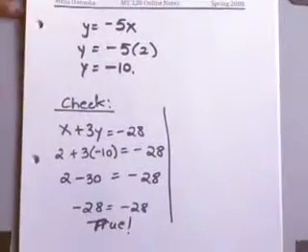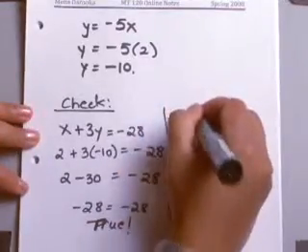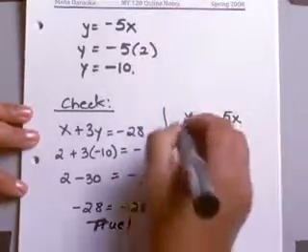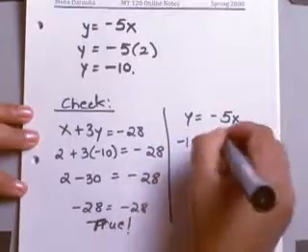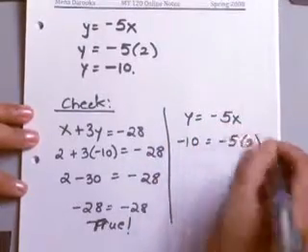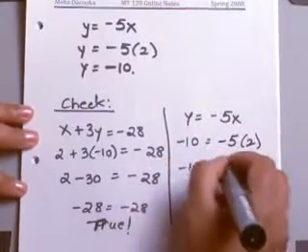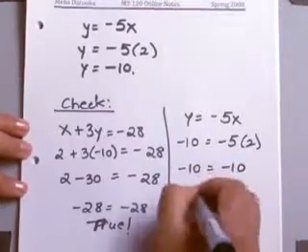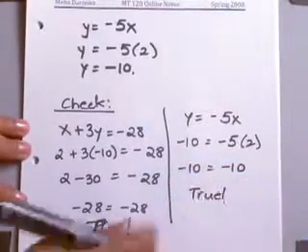We'll do the same thing with our other equation, which is y equals negative 5x. y is negative 10, x is positive 2, and you end up with negative 10 on both sides. So again, we have a true statement.